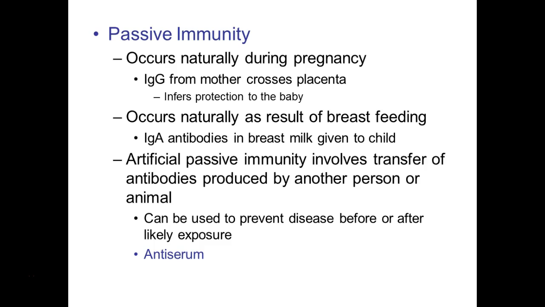If they haven't been vaccinated and they have a serious infection, one of the things they could give them is someone else's antibodies. We call this antiserum. Anti meaning against, right? It has antibodies in it. Serum, as I said, is that component of your blood that contains the antibodies, right?